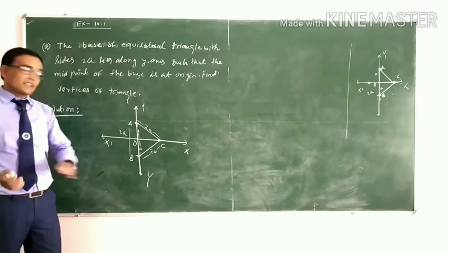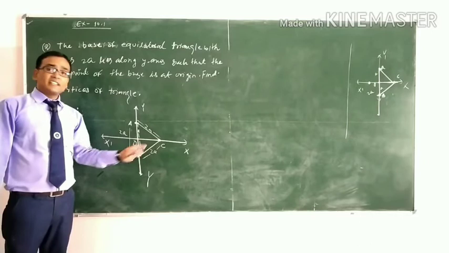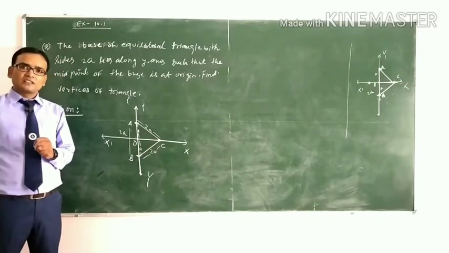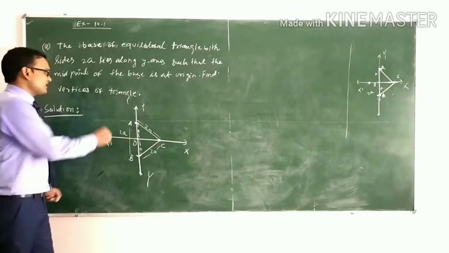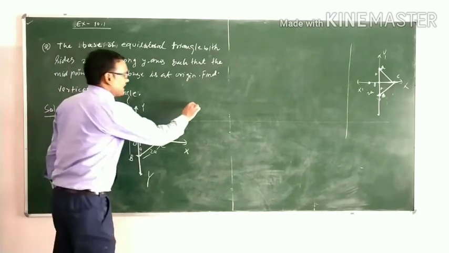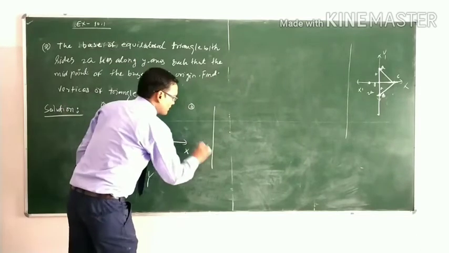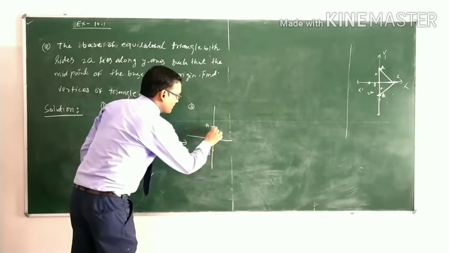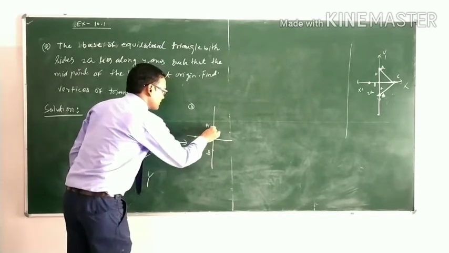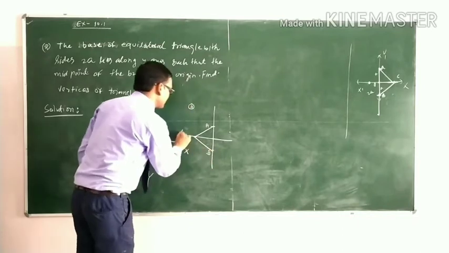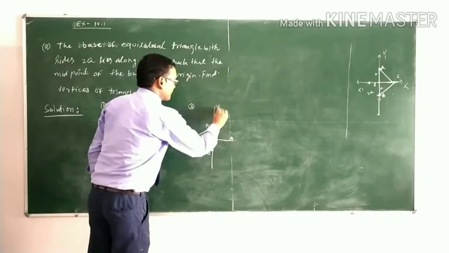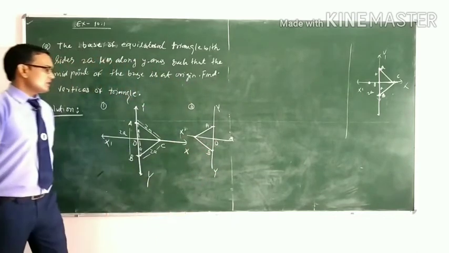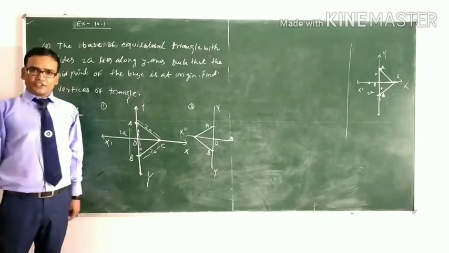Now we find the coordinate of point C. There is a first condition and second condition is also A and B are points on negative side of x-axis. This is also a figure of equilateral triangle ABC.